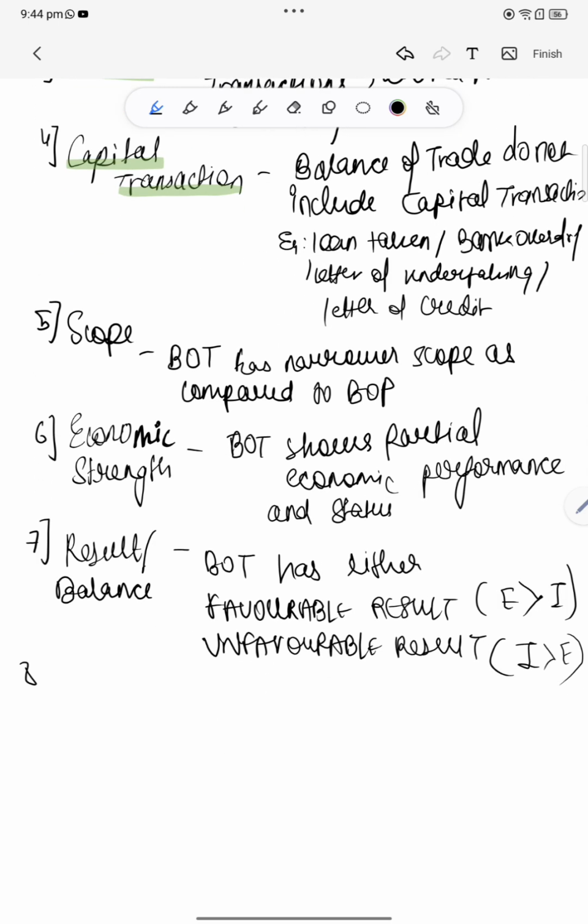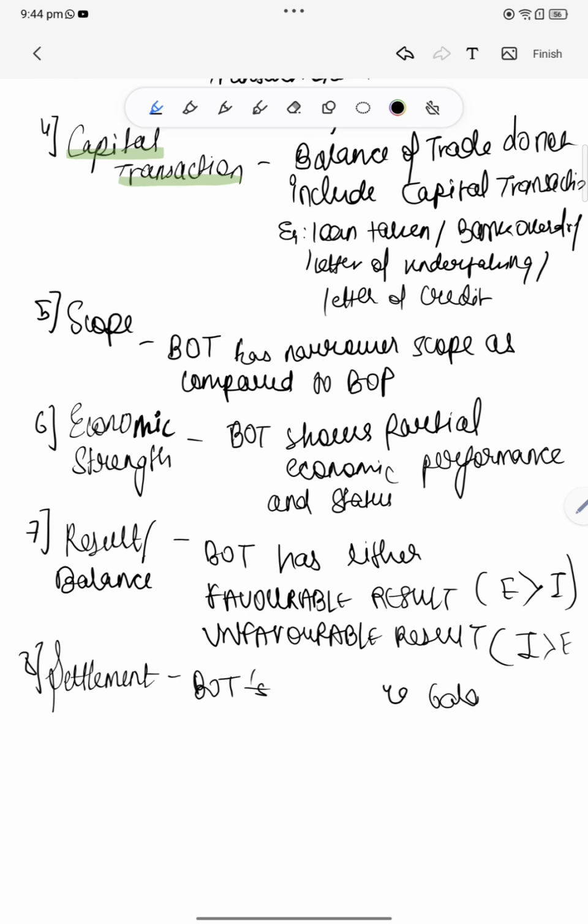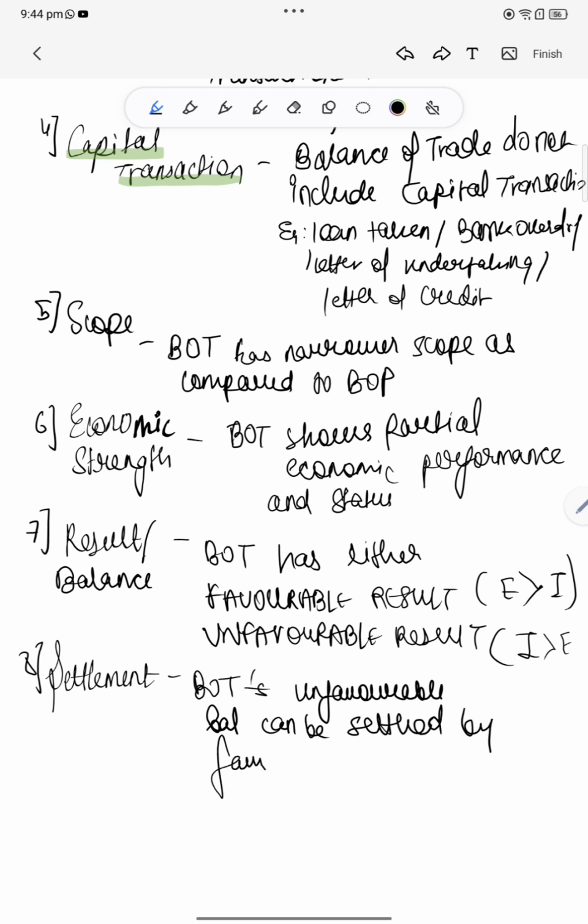And then comes the point of settlement. If BOT is unfavorable, the balance can be settled by favorable balance, and vice versa.